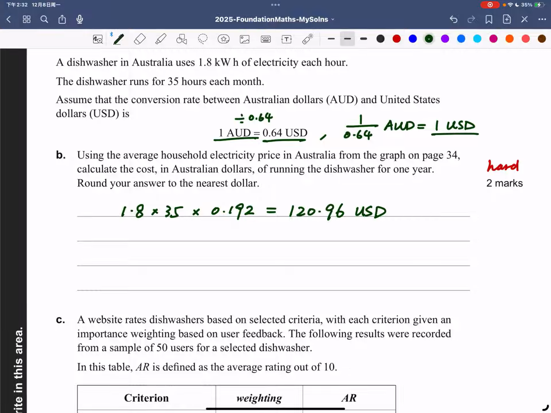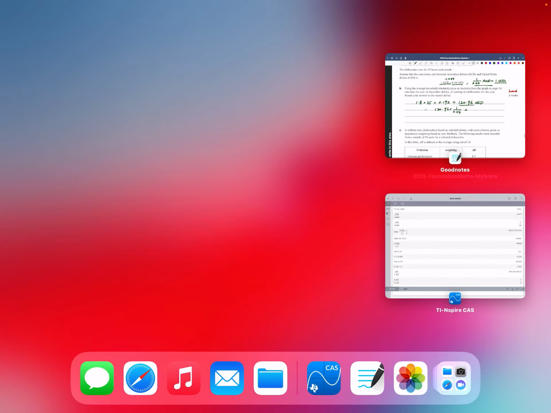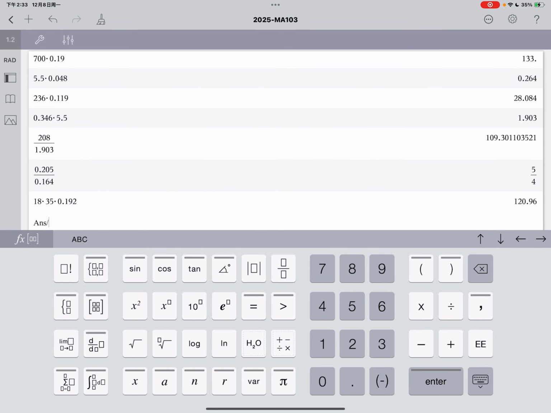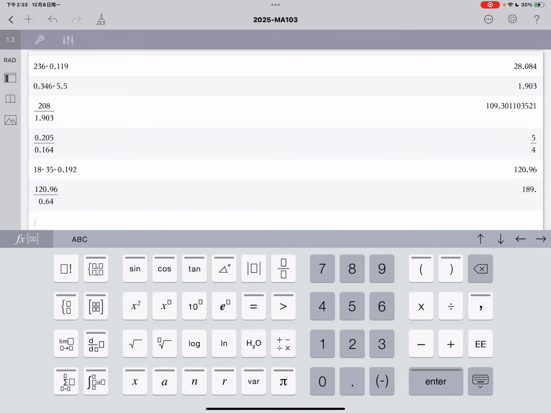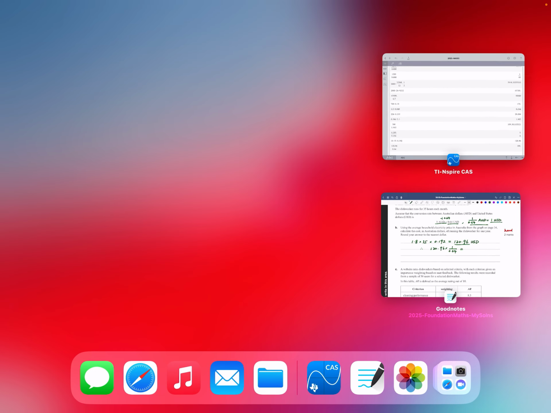Therefore, when you multiply these two by 120.96, I would get 120.96 multiplied by 1 over 0.64. Basically, it's divided by 0.64. So you get 189.